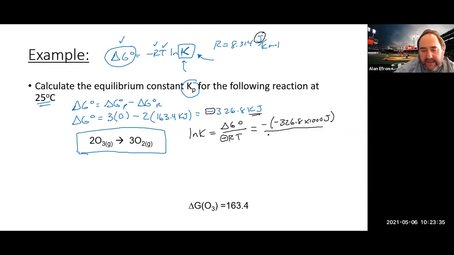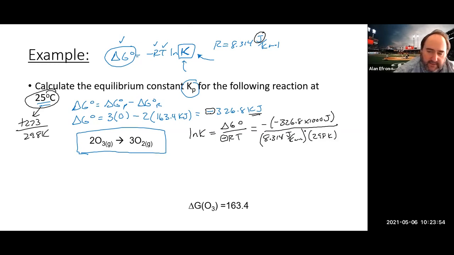So we're going to divide that now by 8.314. And our temperature, obviously, we do need to convert into Kelvin, so we're going to add 273, which gives us 298 Kelvin.